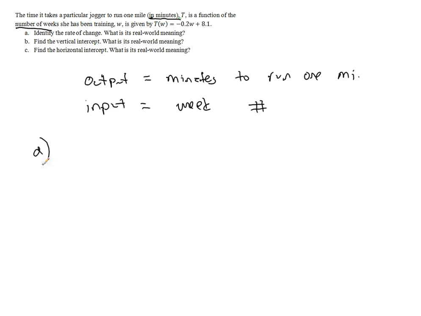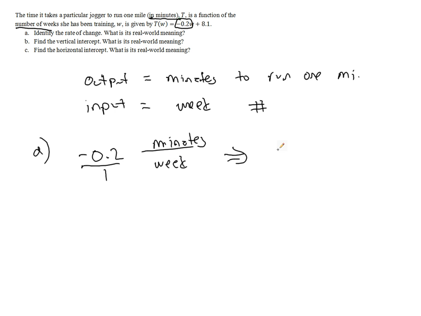So in letter A, to identify the rate of change, well, we notice that that's the negative 0.2, and its units are going to be units of output divided by units of input. Now remember, you can think about this as being over 1. So this is going to be minutes over weeks. So what's happening here?